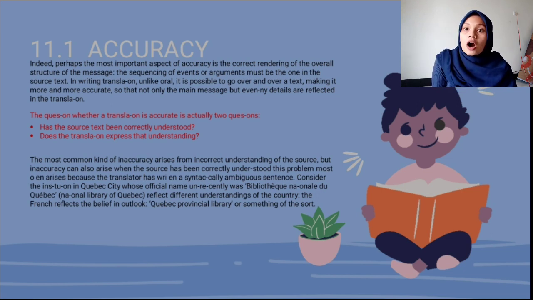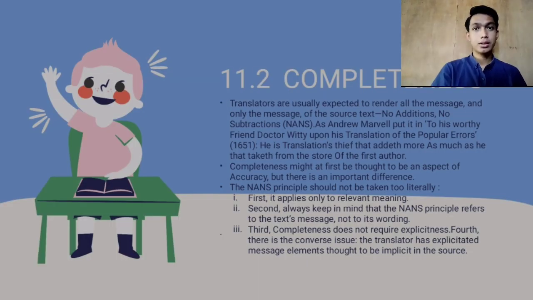Final point on authority, numbers are an important part of messages. In any text where numbers insert the message, it's a good idea to make source checks for the accurate reference. So thanks. The next. Okay, 12.2 completeness.